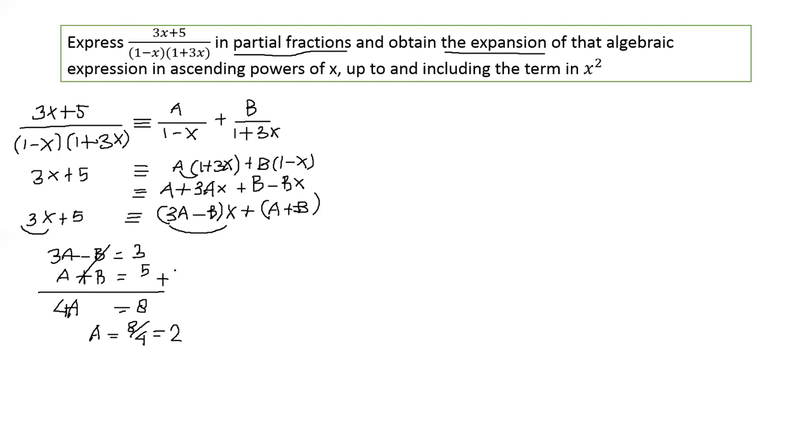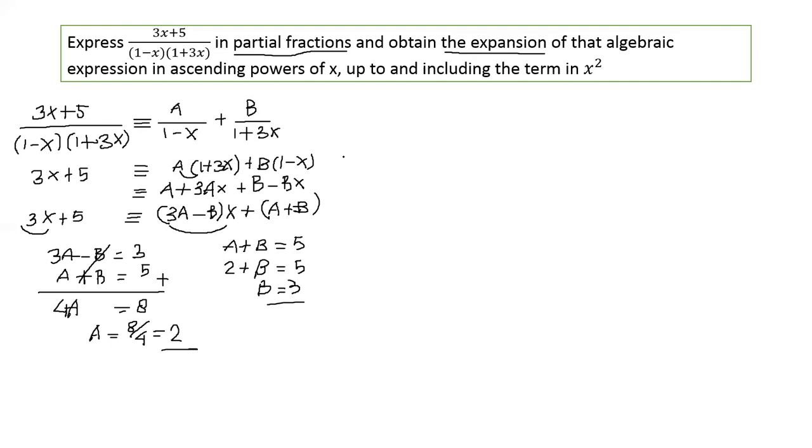And afterwards, we calculate b. According to these equations, a plus b equals 5. a equals 2, it means 2 plus b equals 5. So b equals 3, because 5 minus 2. Okay, a equals 2 and b equals 3.